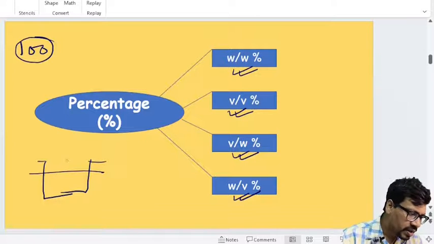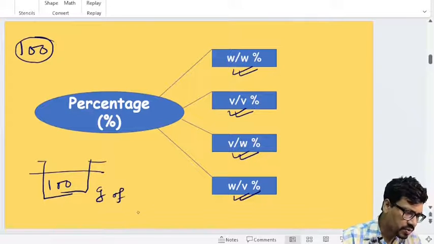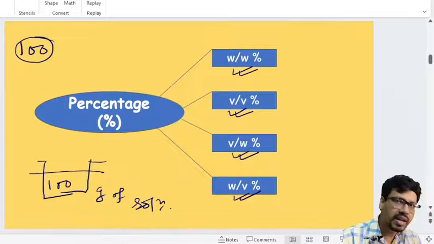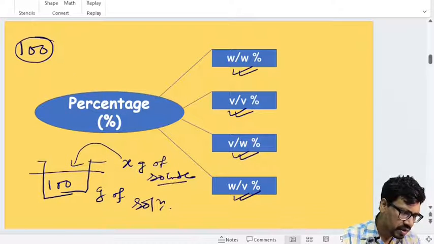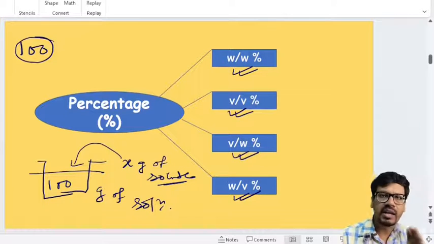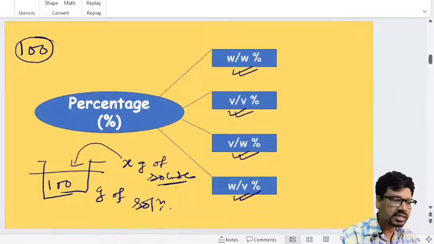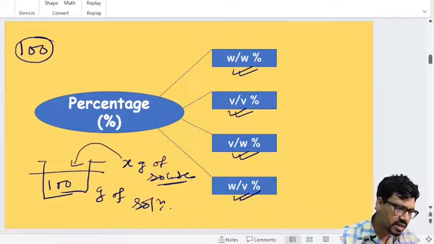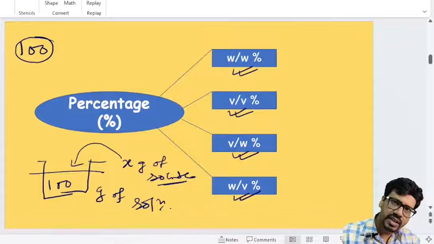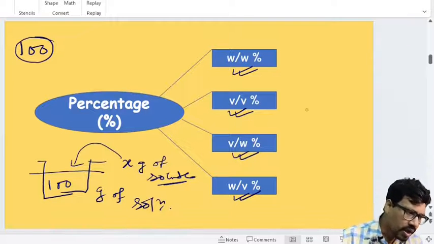If in 100 gram of solution, x gram of solute is present, the concentration is x percentage weight by weight.